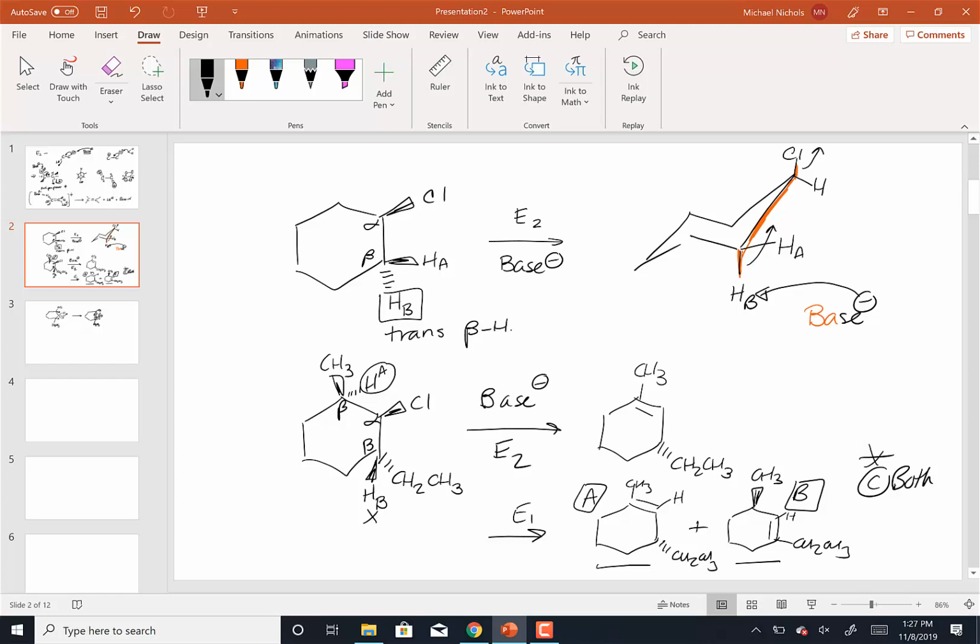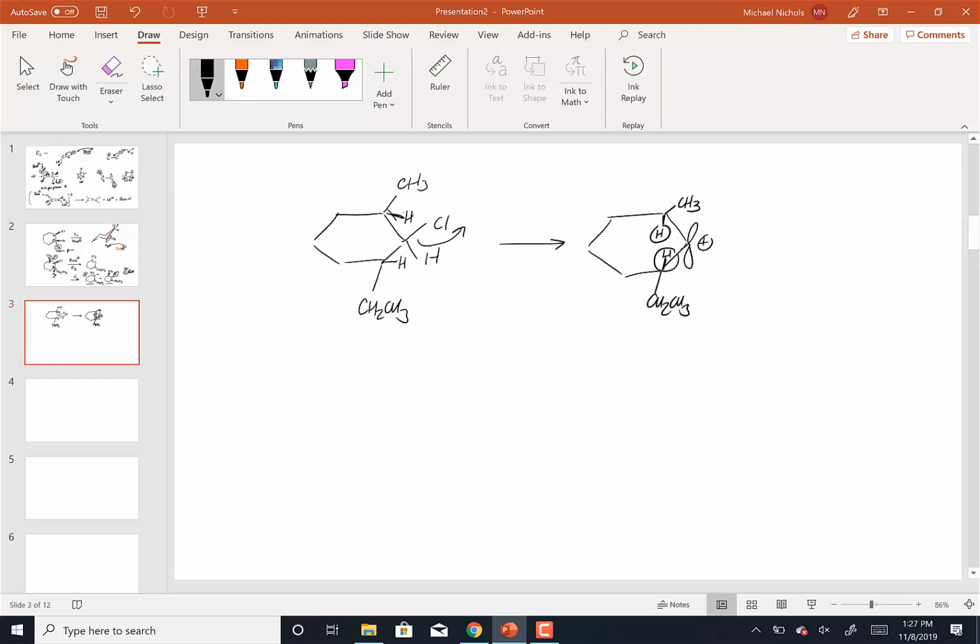Okay. That's a good question. So when I'm writing that product, I'm writing it looking down on a flat cyclohexane. Whenever you put a double bond in place, remember the double bond, if I'm looking down on the double bond, the other 2 groups have to be like this and like this.